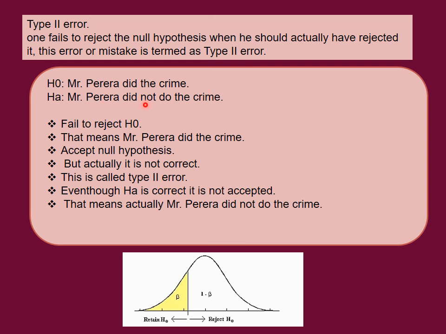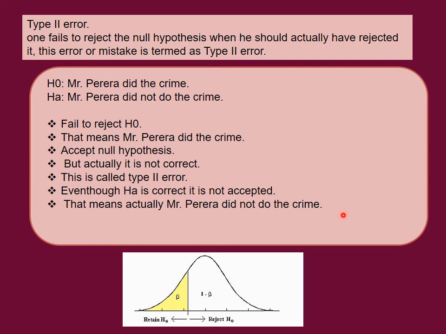Mr. Pereira did not do the crime, but we accept only the null hypothesis, not the alternative hypothesis. We accept the null hypothesis, but actually it is not correct. This is called the type 2 error.